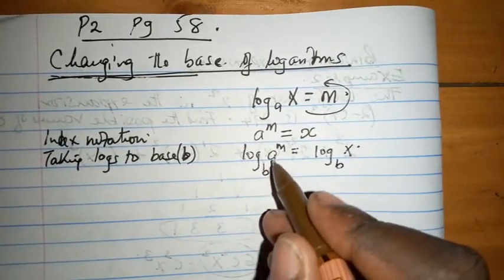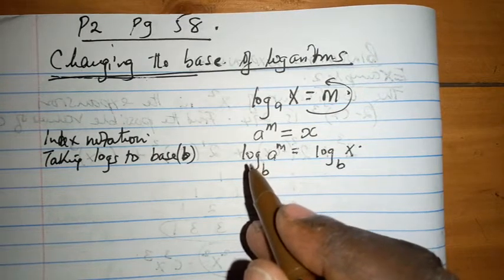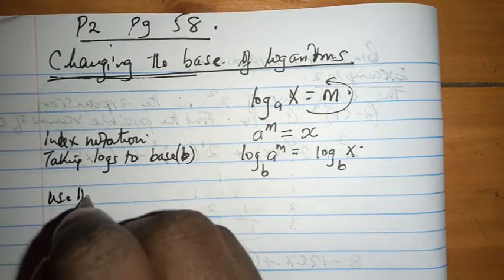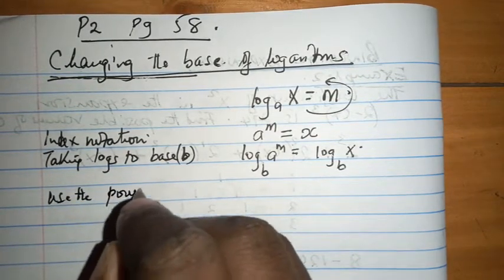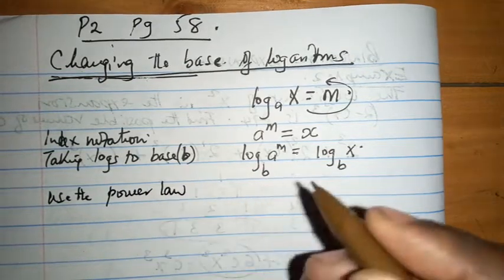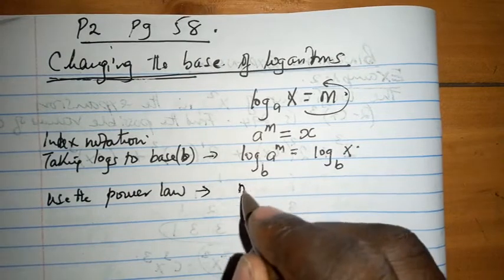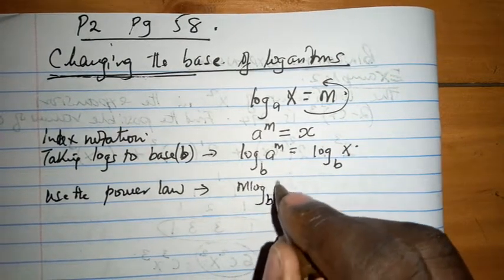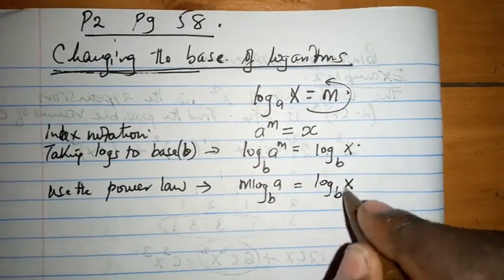And of course it goes without saying that the index law applies here, or rather the power law, which says that this gives you m logarithm to base b of a is equal to logarithm to base b of x.